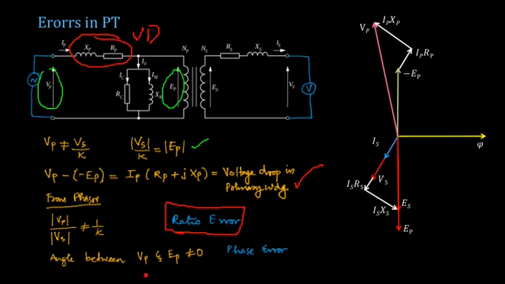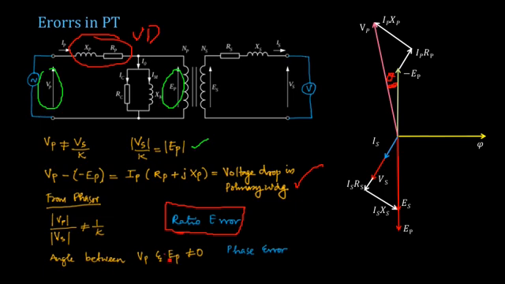Again, the angle between Vp and Ep is not equal to 0. In an ideal case, when we started our explanation, Vp and Ep were in phase, because we are not assuming the winding resistance or inductance to be in the picture. Once we included that, we have a phase difference coming. Some theta phase difference between minus Ep and Vp.